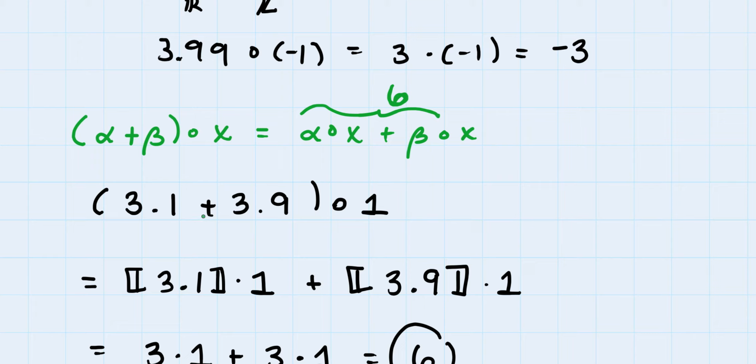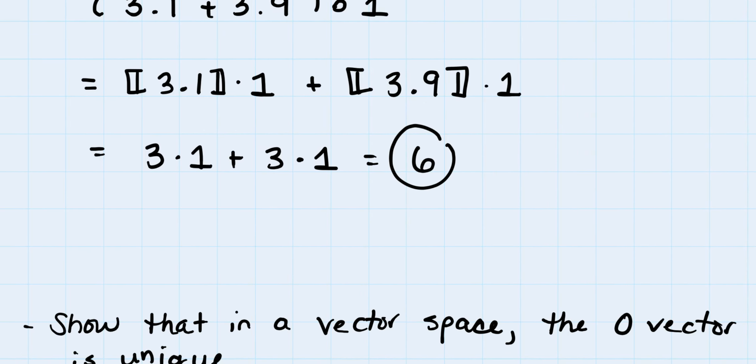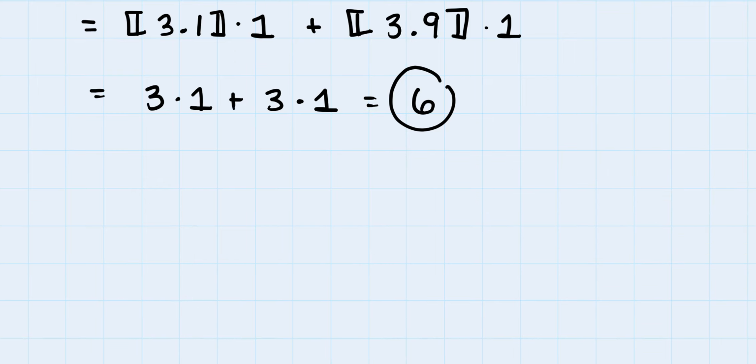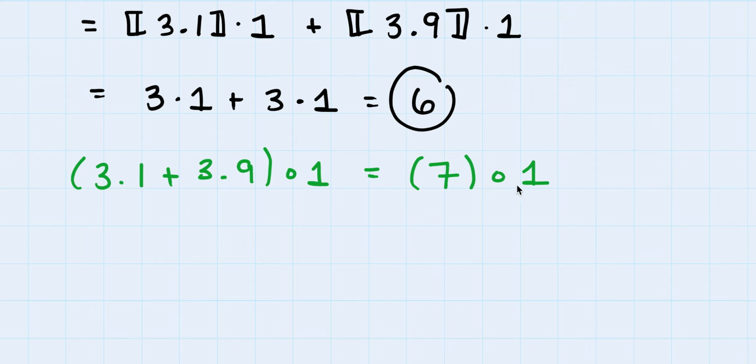Well, 3.1 plus 3.9 times 1. Let's write that out. The left-hand side is 7 times 1 in this fancy multiplication, which is the greatest integer involving 7 times 1, but that's just 7.